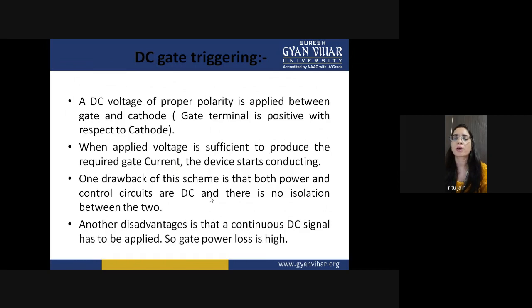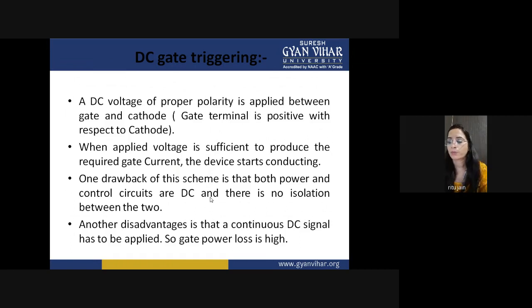One drawback of this scheme is that both power and control circuits are DC, so there is no isolation between these two. Another disadvantage is that a continuous DC signal has to be applied, so gate power loss is high.